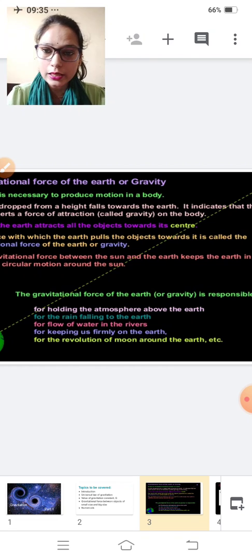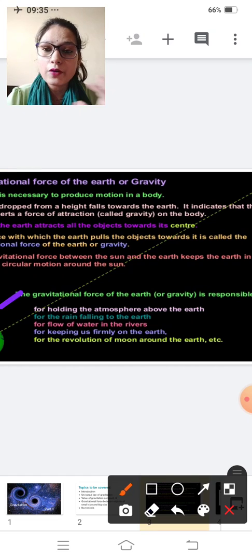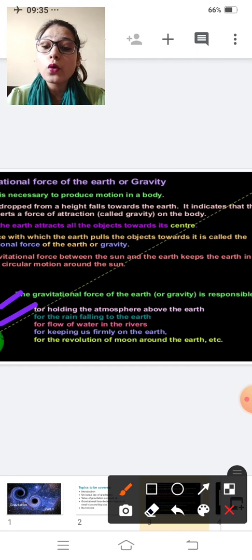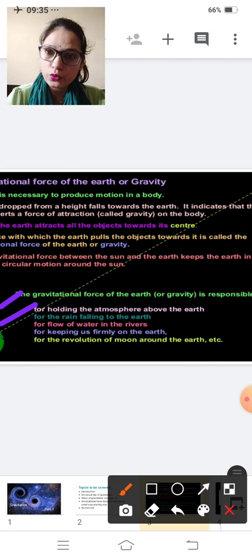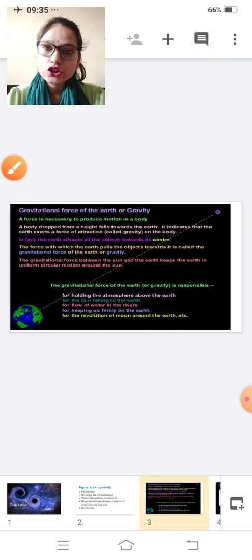Number 1, holding the atmosphere above the earth; the rain falling to the earth; the flow of water in the rivers; keeping us firmly on the earth; the revolution of the moon around the earth, etc. These are the applications, or examples, of gravitational force. I think this slide is clear to you. Shall we move ahead?